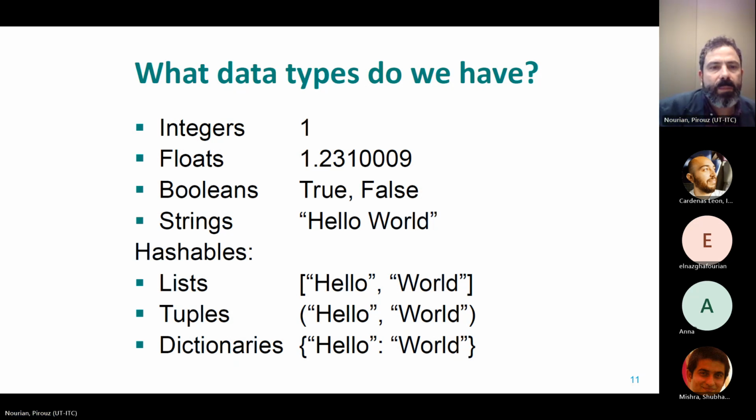right? And the hashables, the so-called hashables, are collections of things which are indexed. So you have lists represented with square brackets, tuples represented with parentheses, and dictionaries represented with curly brackets. And they're all quite useful for representing geometric objects.